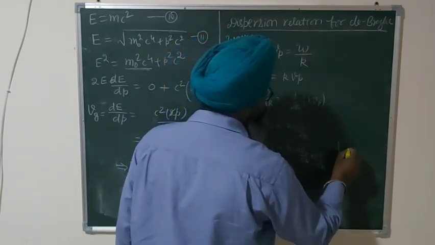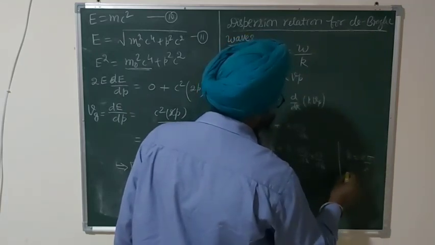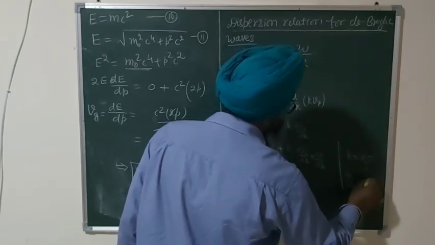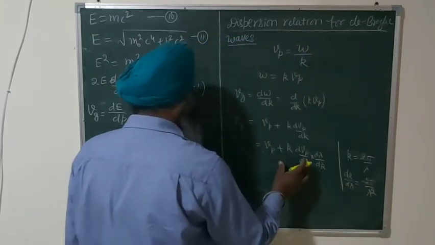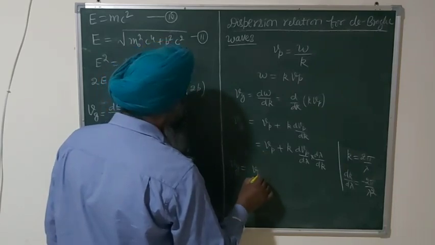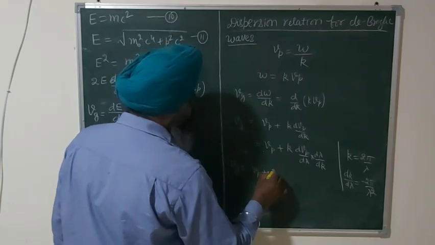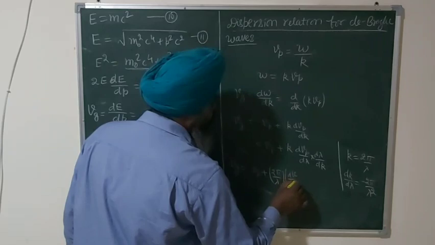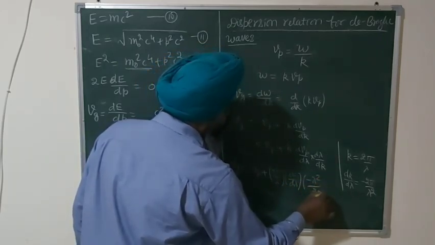Now we know that k is equal to 2 pi by lambda. Therefore dk by d lambda is nothing but minus 2 pi upon lambda square. If I put this value here, then I will get Vg is equal to Vp plus 2 pi by lambda into dVp by d lambda into minus lambda square upon 2 pi.